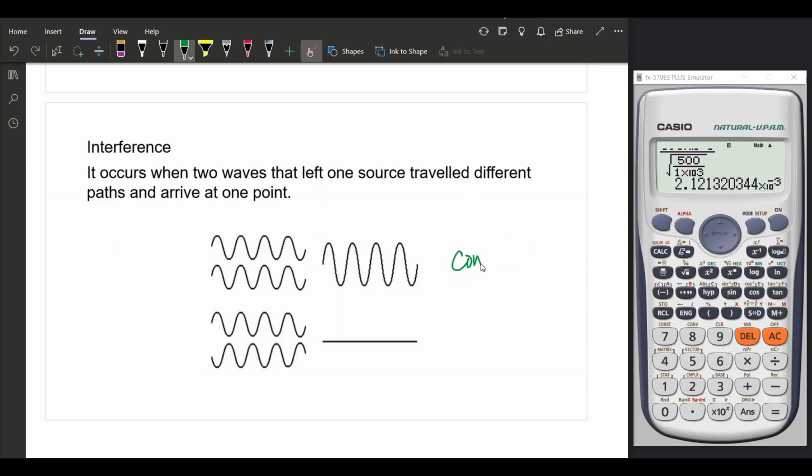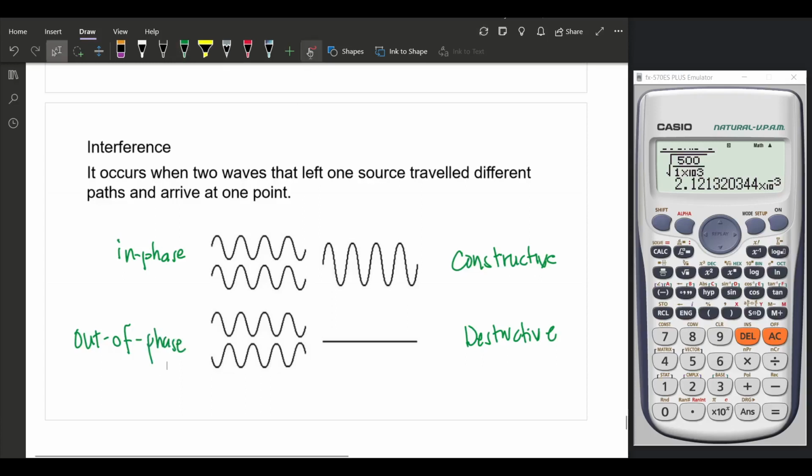So we have the constructive and the destructive. Obviously, magkakaroon ng constructive interference kung yung dalawang signal mo ay parehas yung phase. They are in phase. Pero kapag out of phase, there will be a destructive interference.